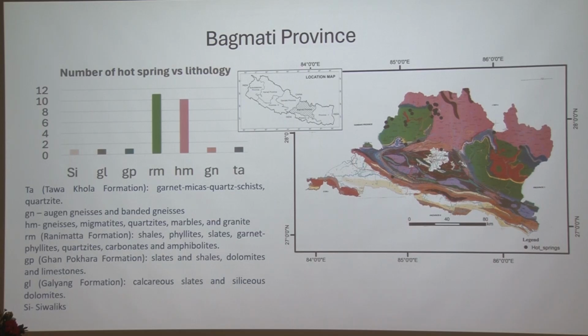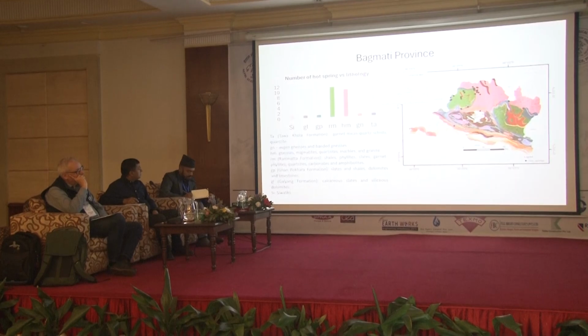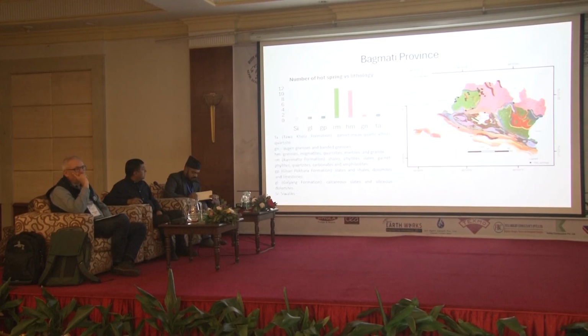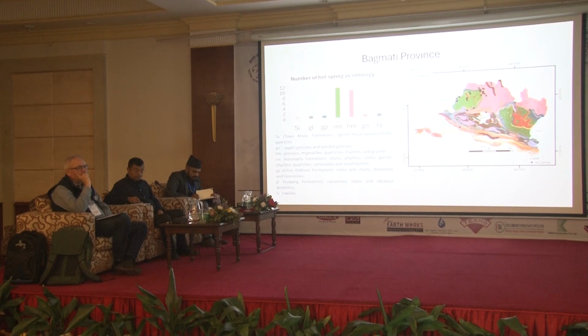It is quite complicated to correlate rock types formation-wise from east to west, because there are several formation names, as explained yesterday by Professor Megh Raj Dhital. The same formation, the same type of rock, is named as different formations. Quartzite, gneiss, marble, quartzite, then shale, slate, calcareous deposits, and the Sub-Himalaya is sedimentary rocks.